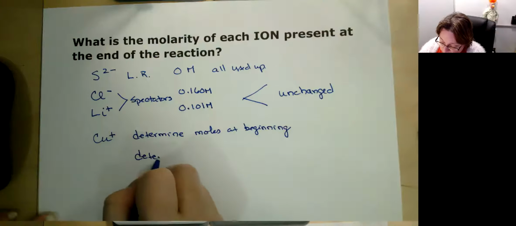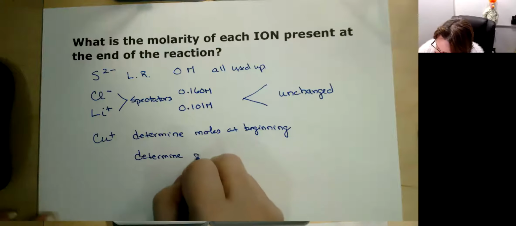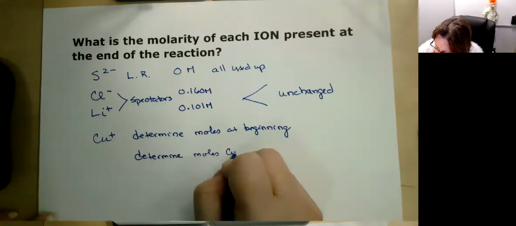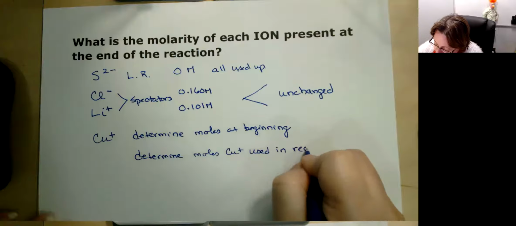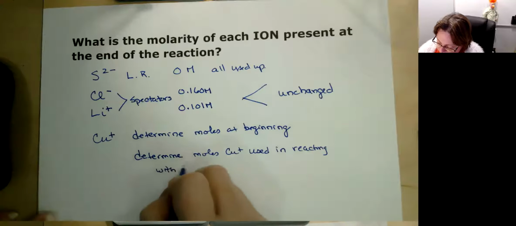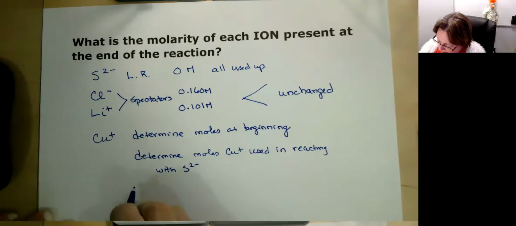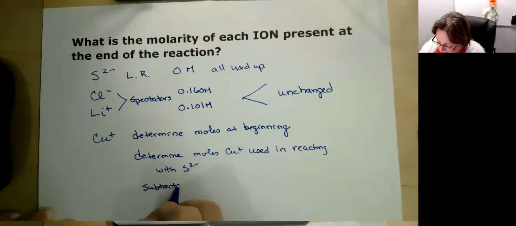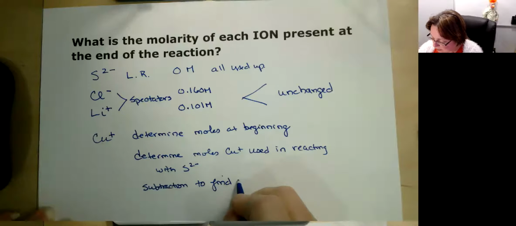Then we'll have to determine, right, calculate using stoichiometry, the moles of copper ion used in reacting with that sulfide ion amount that we had. Okay? So again, this is going to depend on what we actually combine together. Okay? And then we will do a subtraction to find out what's left over.